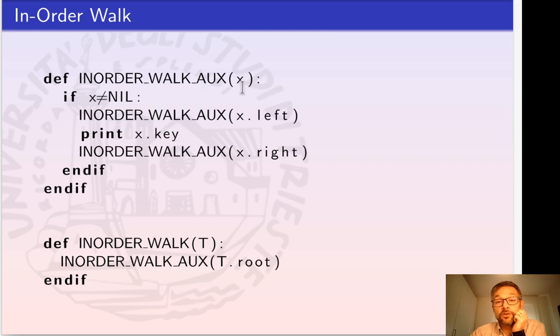So if the node we are dealing with is not nil, we go through the left subtree, then we print the key of the node we are dealing with, and then we go through the right subtree. Okay, and this is an in-order walk, so an in-order visit.